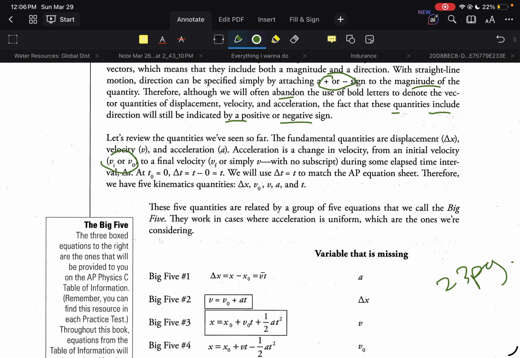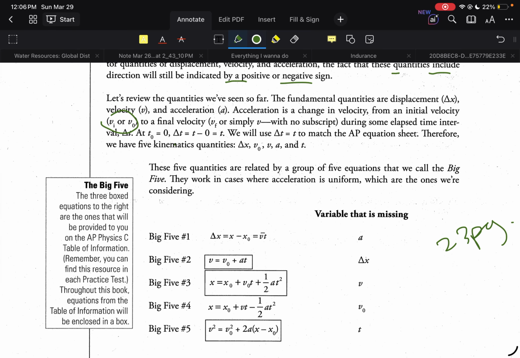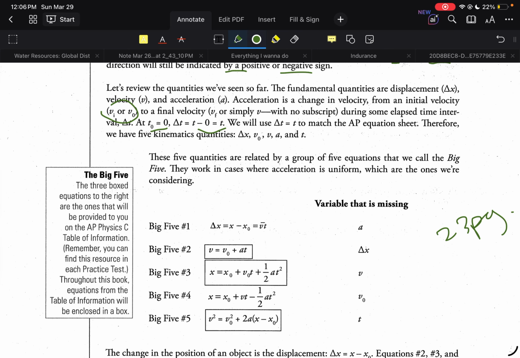So we know v initial and v final, no subscript. We've talked about this, t initial is 0, and t. So we have five different equations.